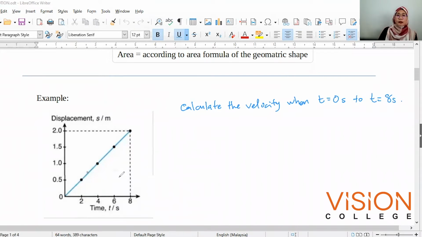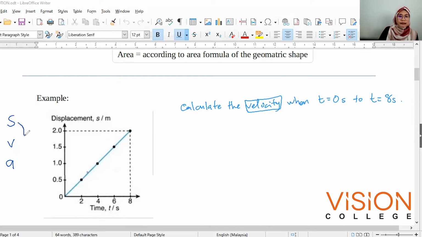If the question is asking like this, we know velocity. Again, you just need to remember the relationship between the three. I write down at the side here S, V, and A. S is displacement, V is velocity, A is acceleration.